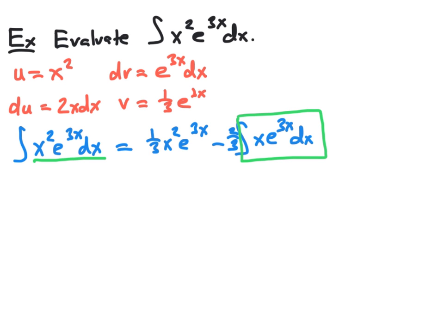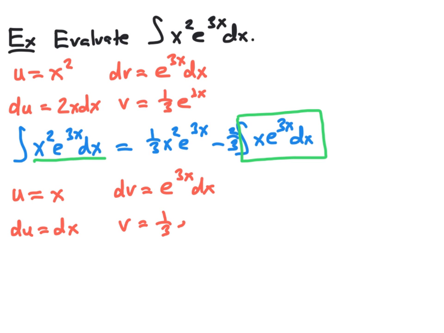Since we have an integral of the same sort of form that is simpler, we think we're on the right track. And so what we're going to do here is apply integration by parts again, but now to this new integral, the integral of x e to the 3x. When we do that, we're now going to let u be x, dv will be e to the 3x dx, and so du will simply be dx, and v will be 1/3 e to the 3x, just like it was before.